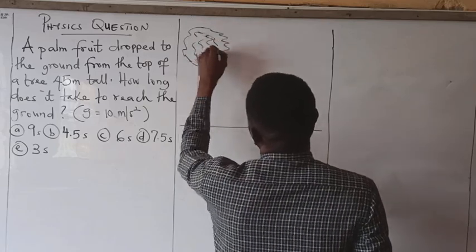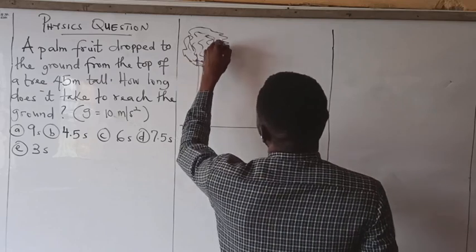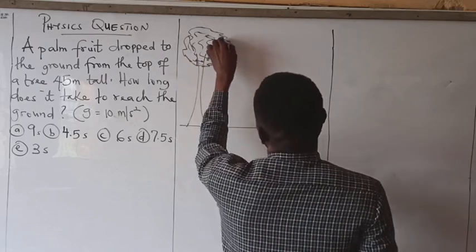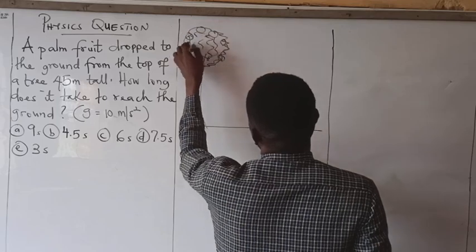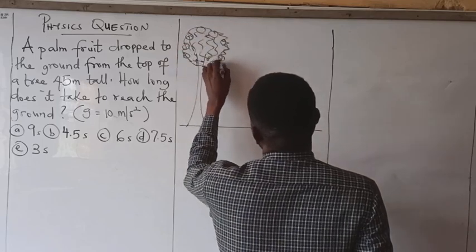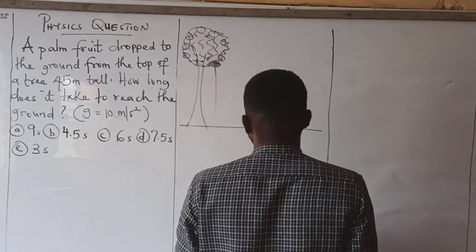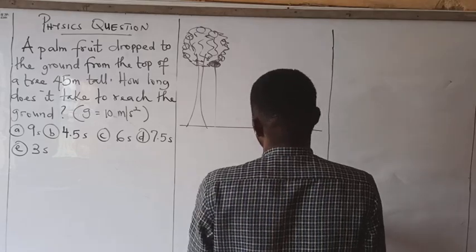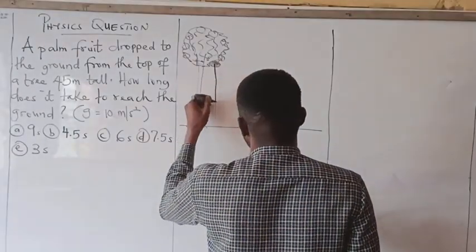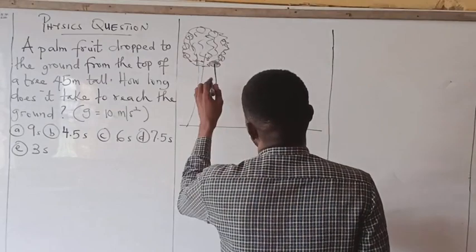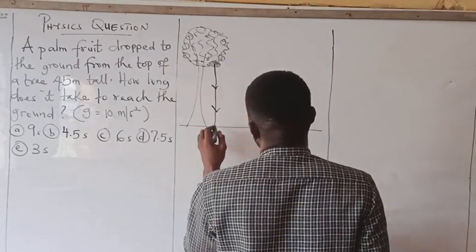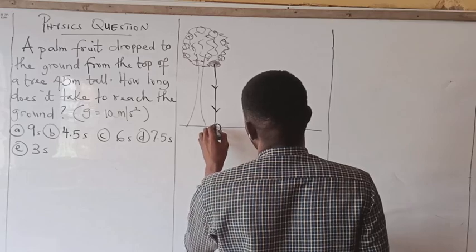So we have fruits on this tree. A particular one right here dropped to the ground and landed right here on the ground.